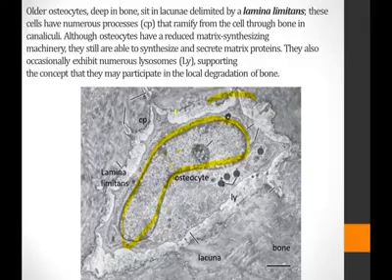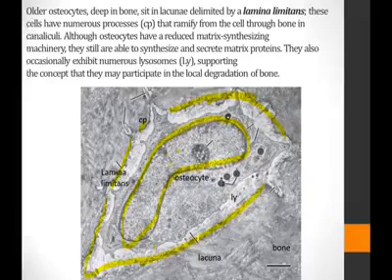Then we have the lacunae that houses the cell body of your osteocyte. This lacunae has numerous extensions, as you can see here, and canaliculi into which the cytoplasmic processes extend. These are the cytoplasmic processes, extending within the canaliculi or channels of the lacunae.